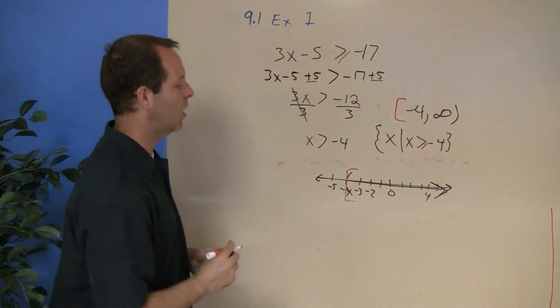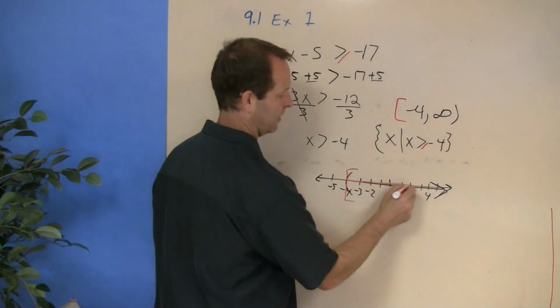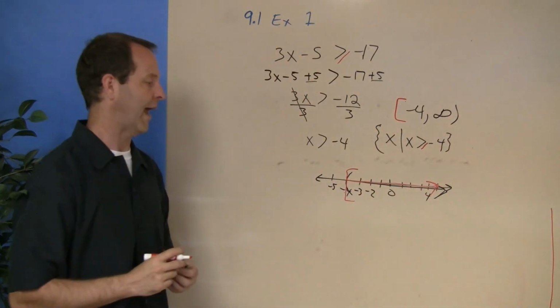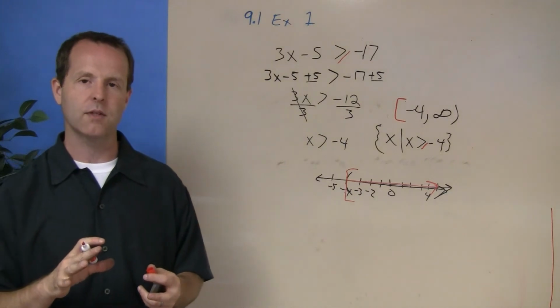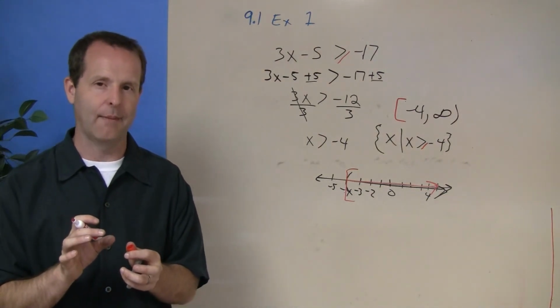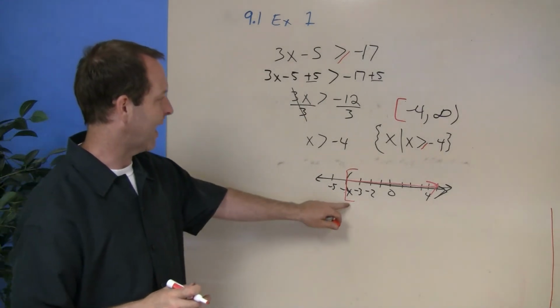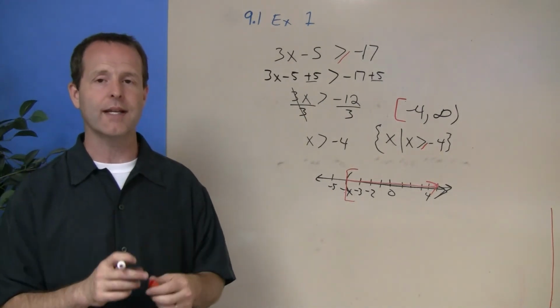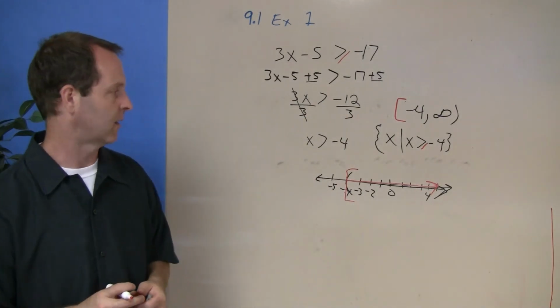I'm going to put a closed bracket in its place and draw an arrow all the way out. An open bracket tells me the end cap is not quite the end cap, it approaches it. A closed bracket tells me that endpoint is included in the answer.